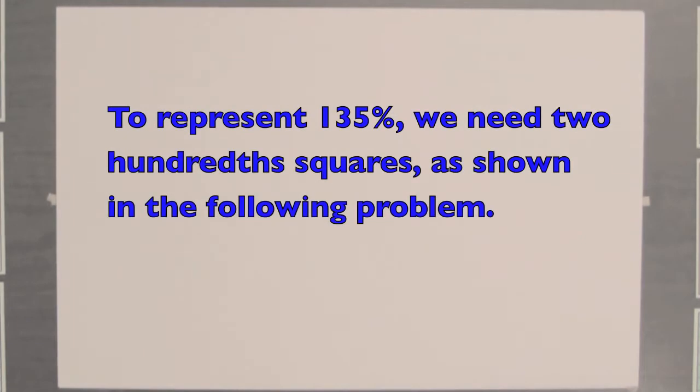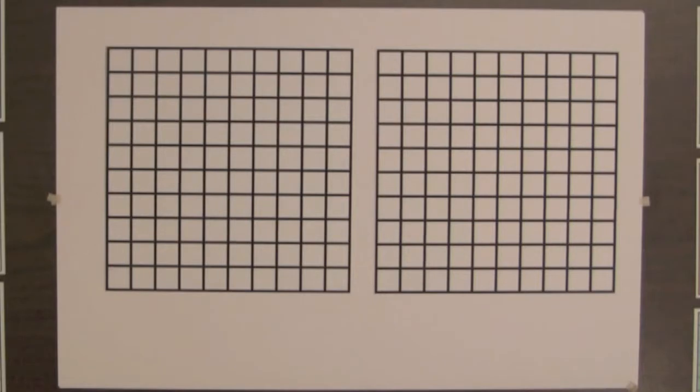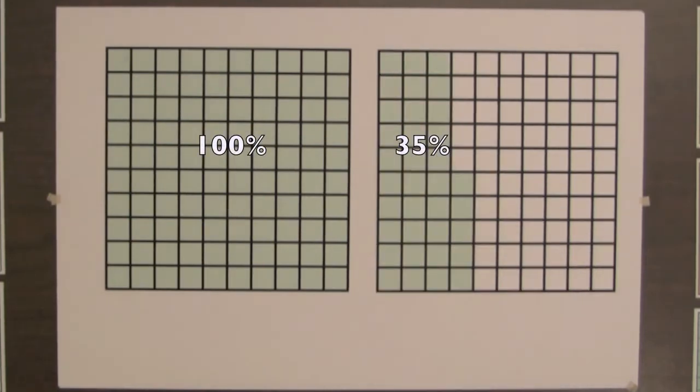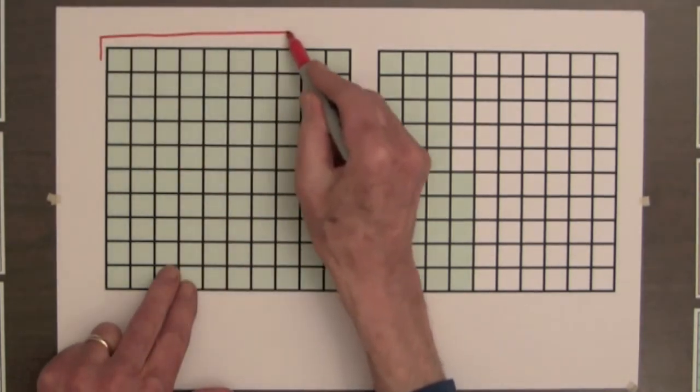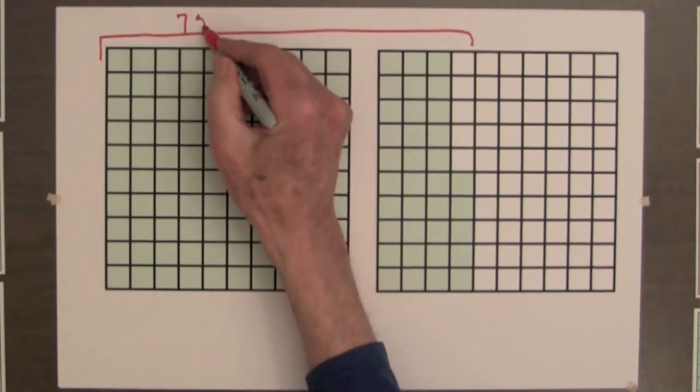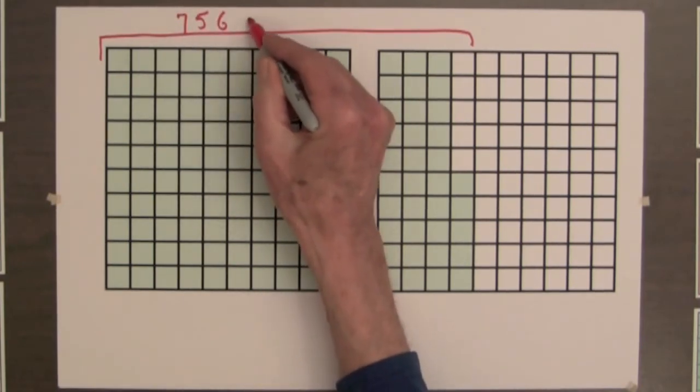To represent 135%, we need two hundredths squares, and we shade the first square for 100% and the second square for 35%. We label the shaded region to represent 756 students.